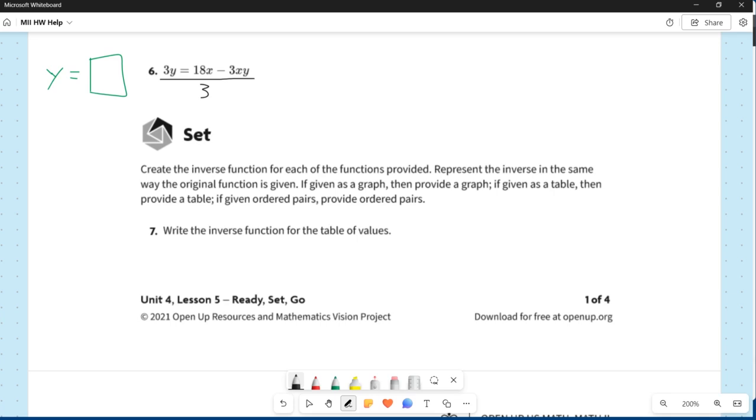So if we take all of our terms here and divide by 3, well, 3y divided by 3 is y, equals 18x divided by 3 is 6x, and then minus 3xy divided by 3 is simply xy.